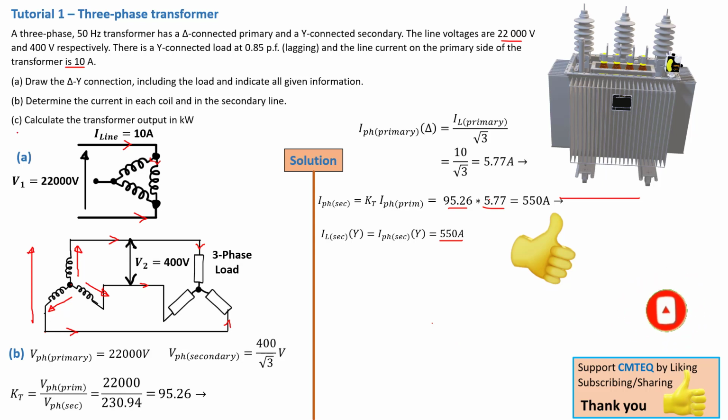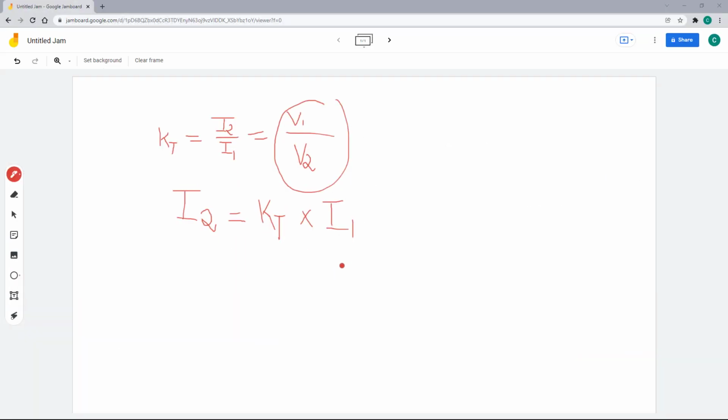We still have to calculate number C here that says calculate the transformer output power in kilowatt. Now the formula here is simple. So there are two formulas. Now your power formula is given by two formulas which must actually be equal to one another. So you either use the phase voltage, okay, or the phase values, I should say.